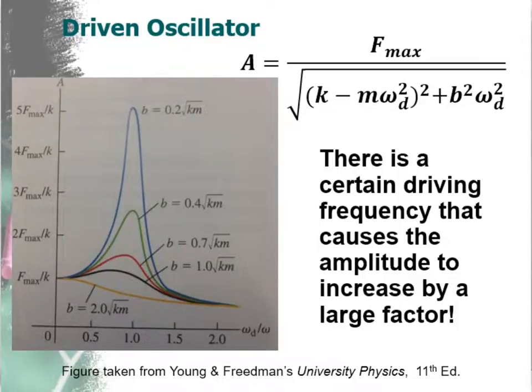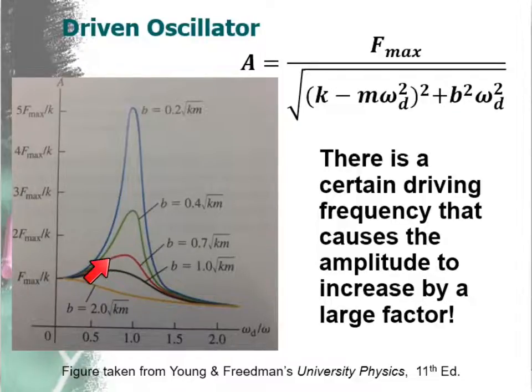You can actually see that on this plot, because what's plotted here is the resonance at different values of b. So this is b equal to 0.2 times a constant value, and then if you double it, the resonance actually gets smaller. And if you double it again, the resonance gets even smaller.